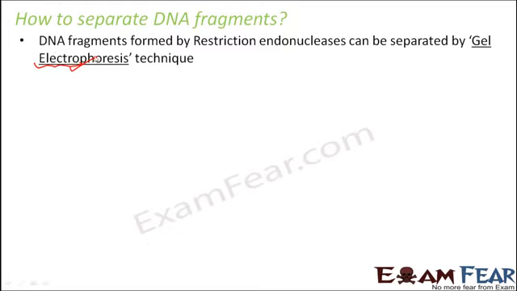So that is why electrophoresis. Now this phoresis is derived from the word pores or holes. If you look at the setup of electrophoresis, you will see that there are well-like or pore-like structures. So because of all these things being present in the process, the entire technique is called gel electrophoresis.